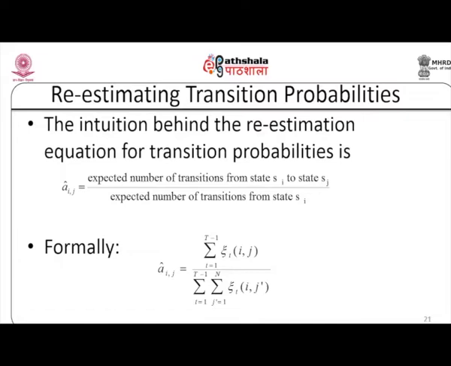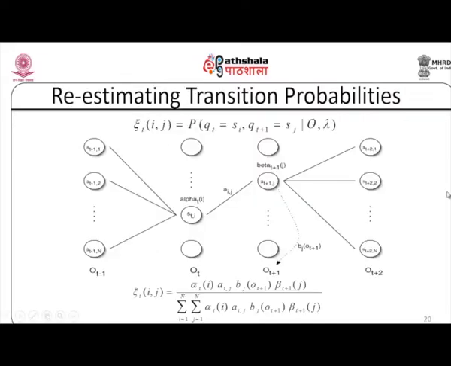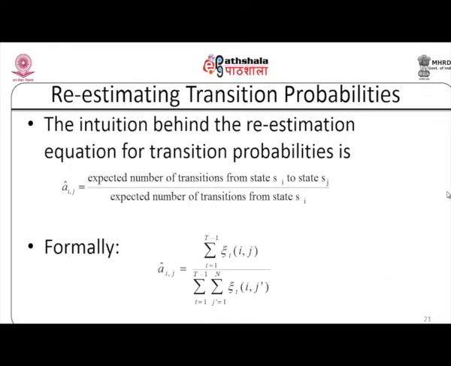So, we have re-estimated the transition probability using the forward probability, the transition probability that we guessed, the emission probability from the initial guess, and the backward probability. Using these terms we found eta_t(i, j), and using it for one j and all the j's we found a new value of the transition probability.